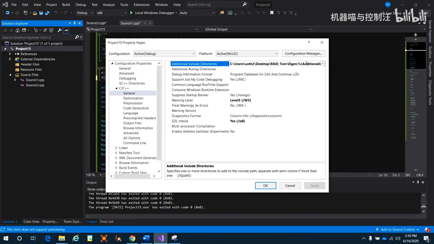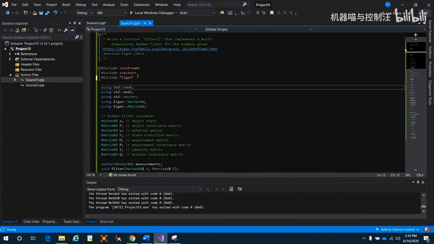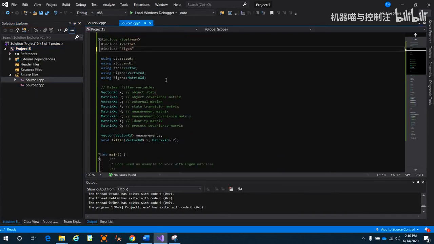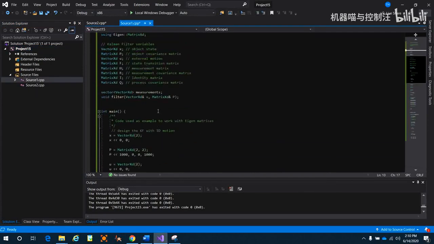You download the library and add it there. And in your code, you write include Eigen, so you can use the Eigen vectors.